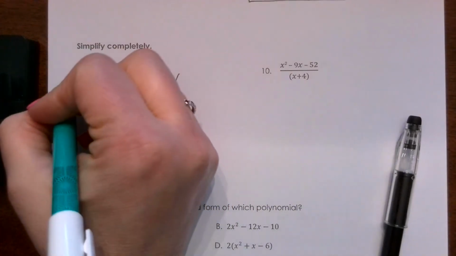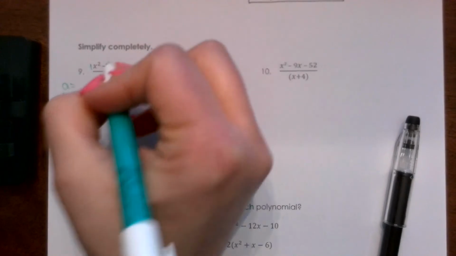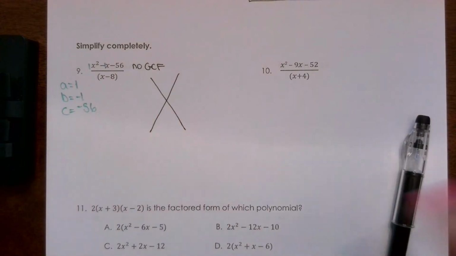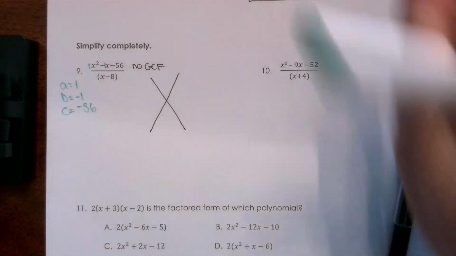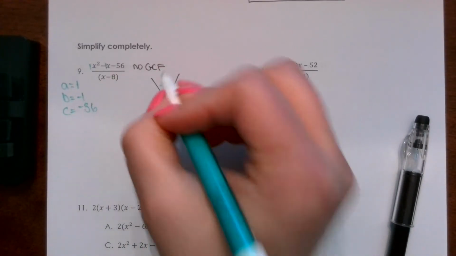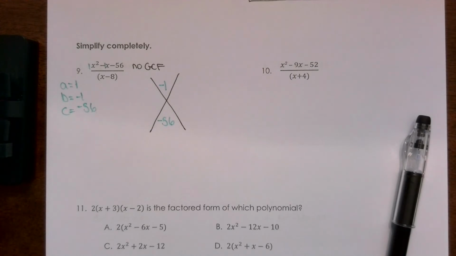So if I'm identifying A, B, and C, I got 1, -1, and a -56. 1 times -56 is -56, and B is -1. So there are a lot of factors of 56, but I do know 7 times 8 equals 56.